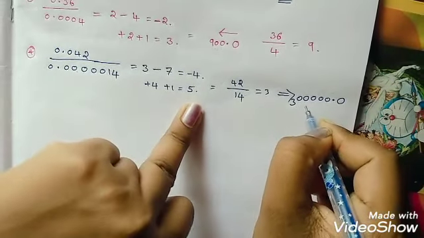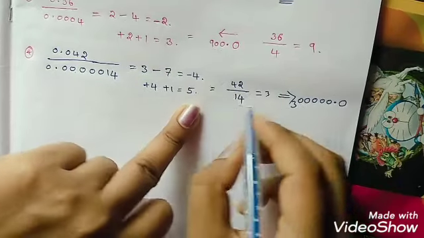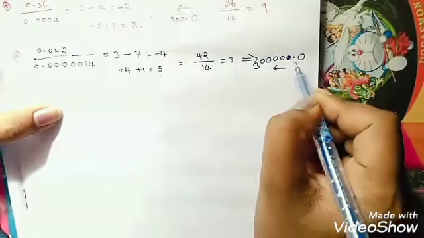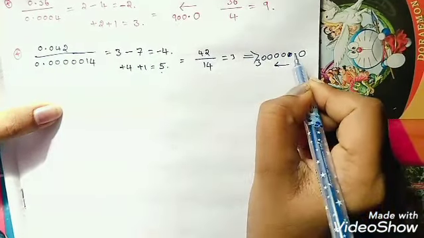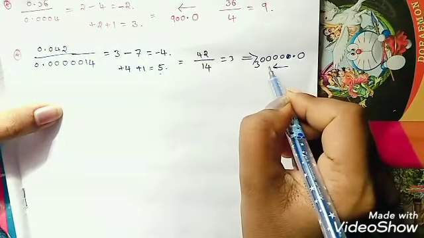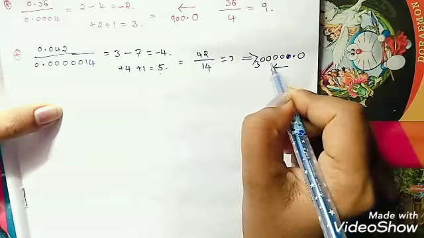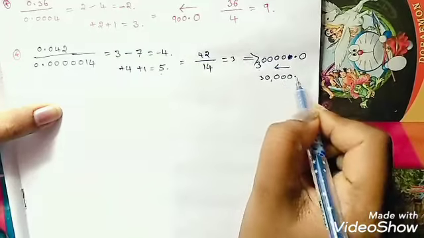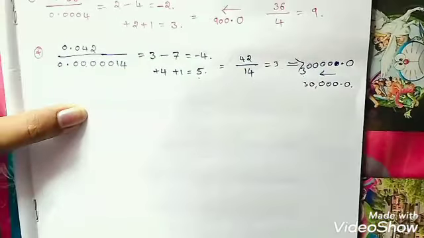I think 30,000. Sorry. Here we got the number only 5. That means before the decimal you can get only a 5-digit number, so including the 3 there are only 4 zeros, so 30,000.0, that is the answer.